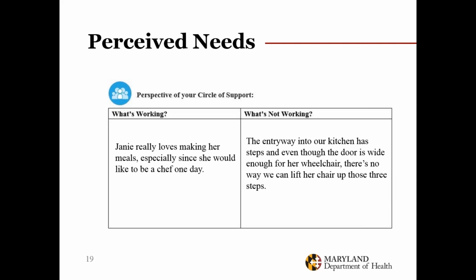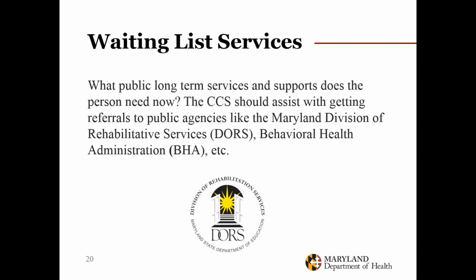This assists the CCS when it's time to think about potential services and supports that are currently needed. From listening to these concerns, what services might you think this person needs? Waiting list services. What public long-term services and supports does the person need now?